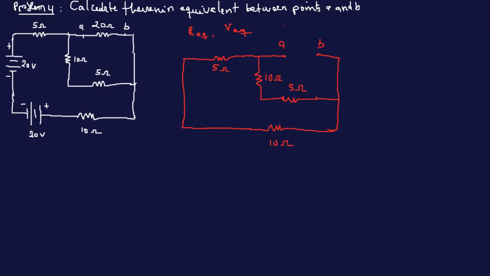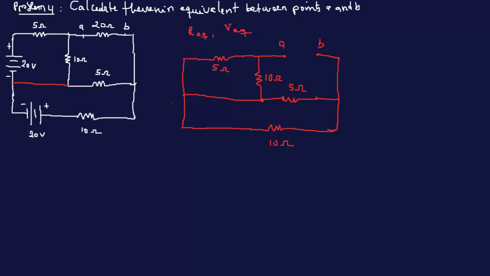Because there's a line here, we have a parallel circuit between the 10 and the 5, and the 5 and 10 are also parallel, so we have two parallels.